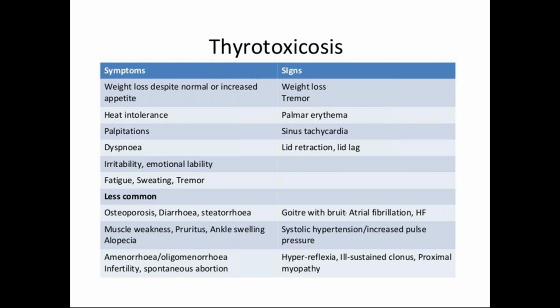But the difference between the other causes of AF and thyrotoxicosis is that thyrotoxicosis causes AF and it does not produce any other symptoms like heart failure, or any structural changes in the heart.